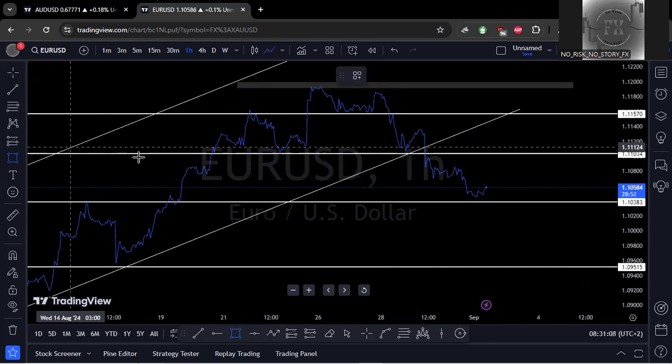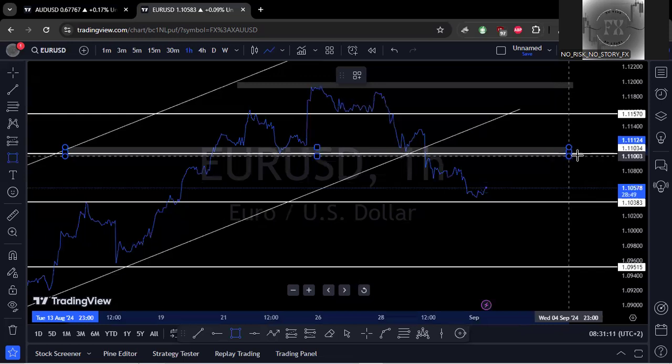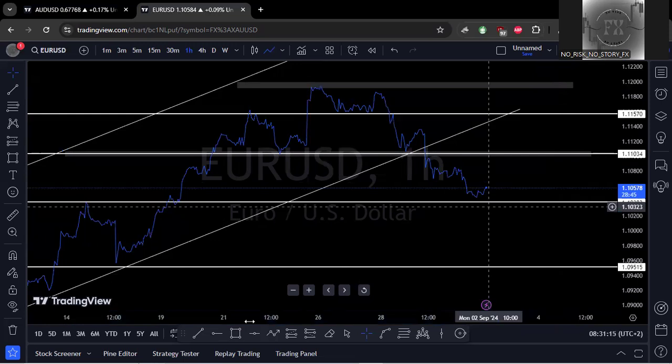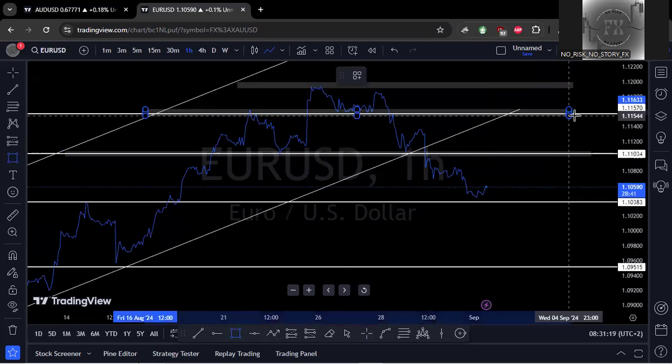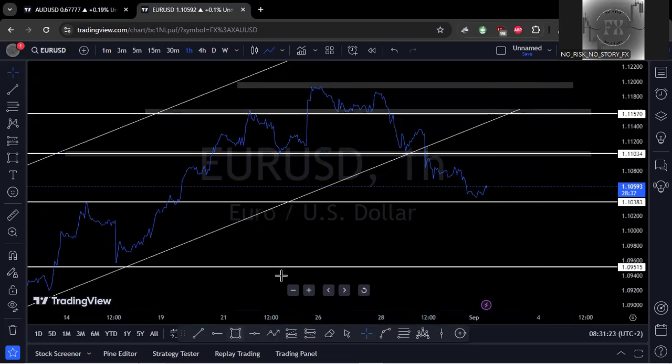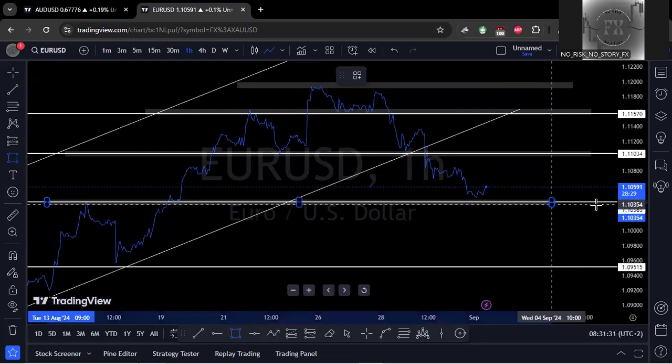So as you can see, guys, the market is mostly sensitive around this zone, and also sensitive around this zone. And here we are at the most sensitive zone too, around this zone here.